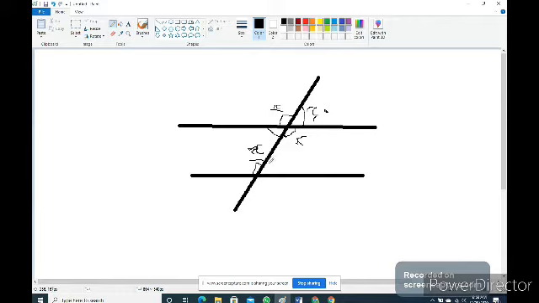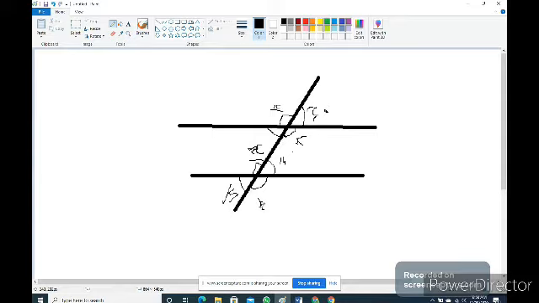Now even here also it is going to be 14, same like this, because of vertically opposite angles and the transversal, and then the linear pair is also going to be used. Why? Because when two angles intersect, the sum of them is going to be 180 degrees, because they are on the same line. So it is known as a linear pair.